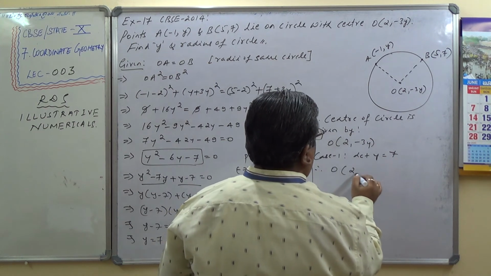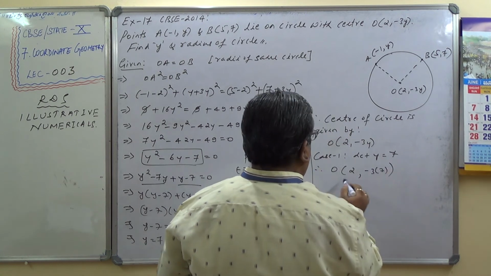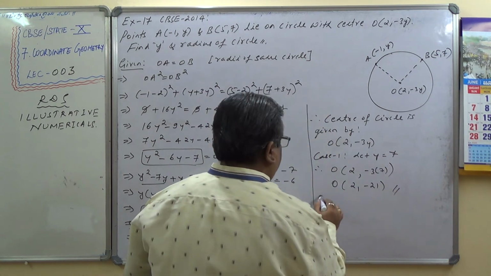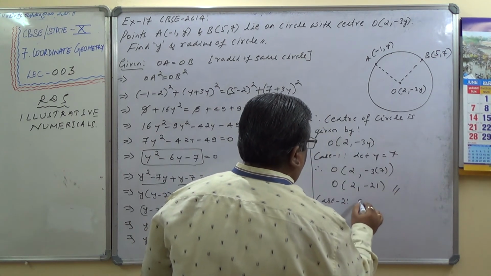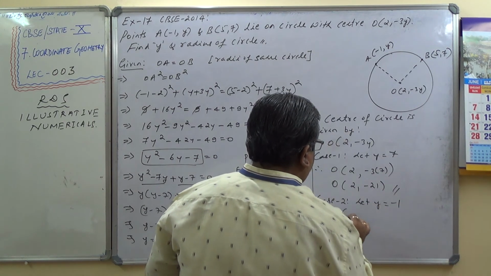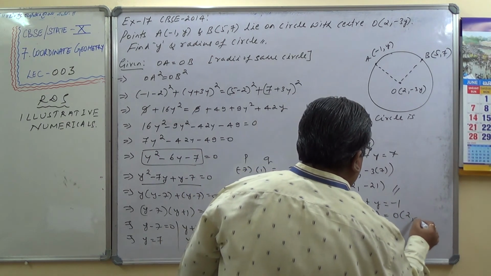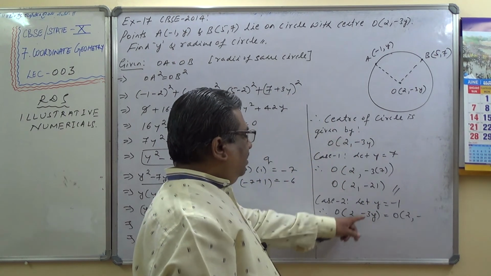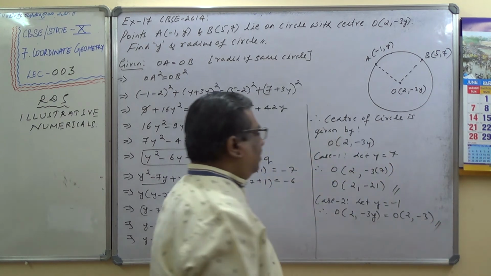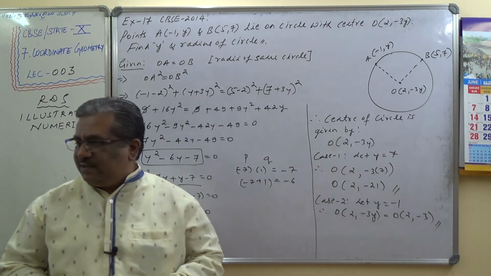Therefore O 2 comma minus 3 times 7, O 2 comma minus 21. Case 2, let y equals minus 1. Therefore center is given by 2 comma minus 3y, which is O 2 comma minus of minus 3. So I have got center as 2 comma minus 21 and 2 comma 3.